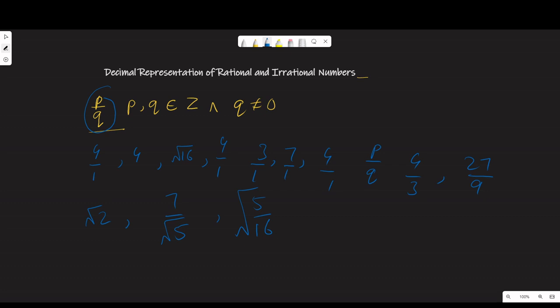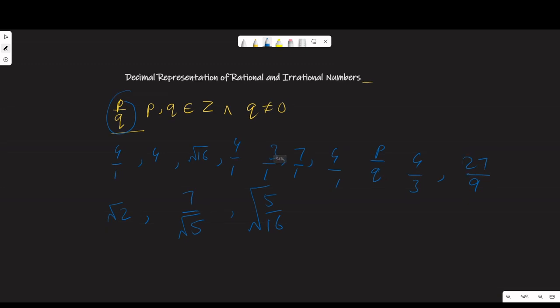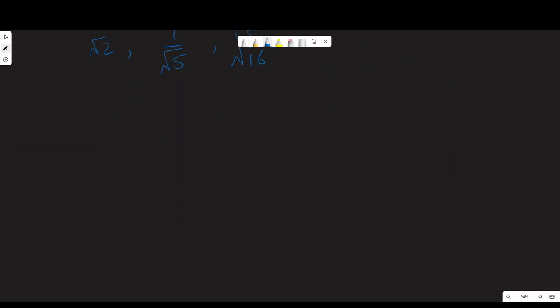Now, when we look at decimals, we get two types of decimals.